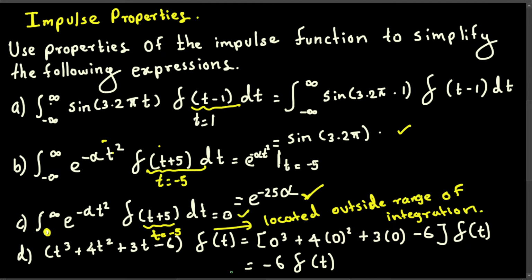Here there's no shift, right? So t is 0, and we can substitute the t value for 0. So this is minus 6.